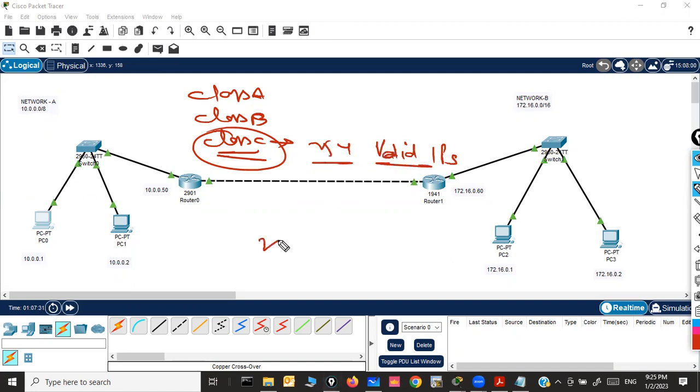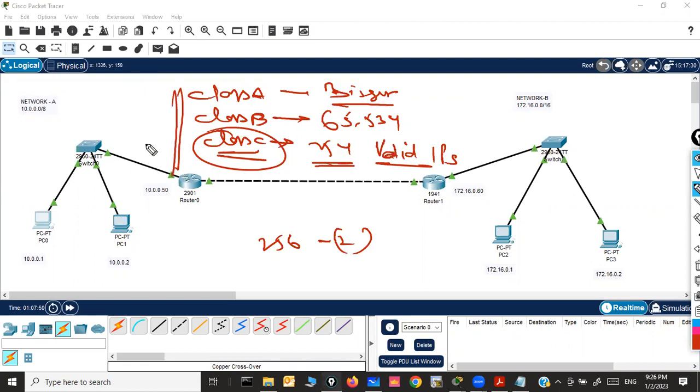Total 256 minus 2, first and last reserved. So still there are 254 IPs. Class B is very big, 65,534, and class A is much bigger. So we have done our best. In fact, we have used a class C address, but still we have wasted 252 IPs because here there is a requirement of two IPs only.